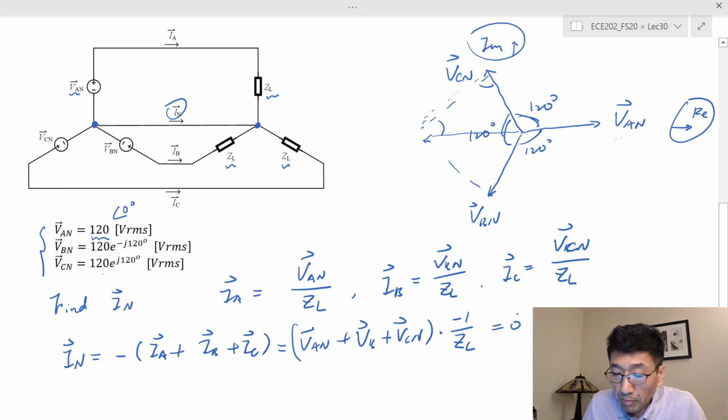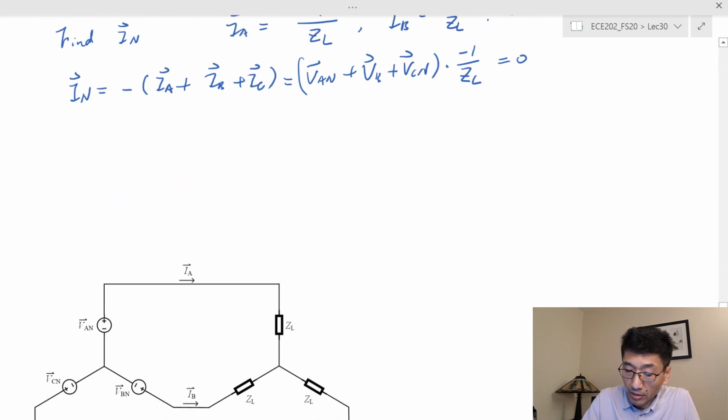So for a three-phase balanced system, this I sub n, which we call the neutral line current, is 0. This is very appealing. Since this line carries 0 current, why do I need this line? I can simply take it out.